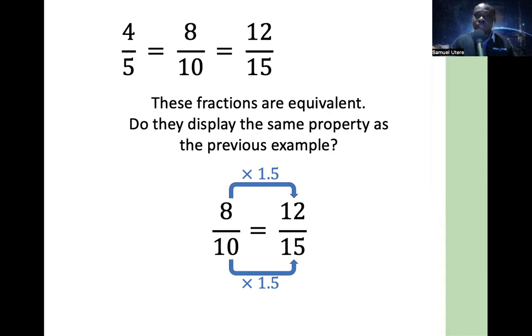If you divide 12 by 8, you will get 1.5. And if you divide 15 by 10, you'll get 1.5. So this is what I was telling you about, pay close attention to the factors that link equivalent fractions. It's a very important skill, something really important you need to know.